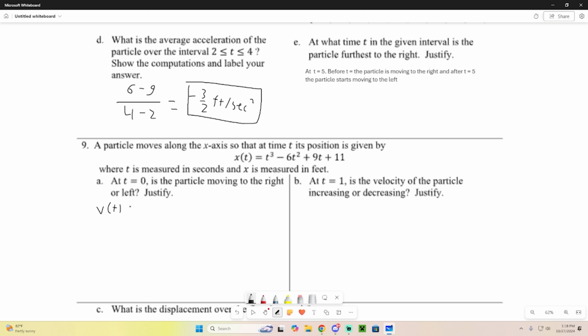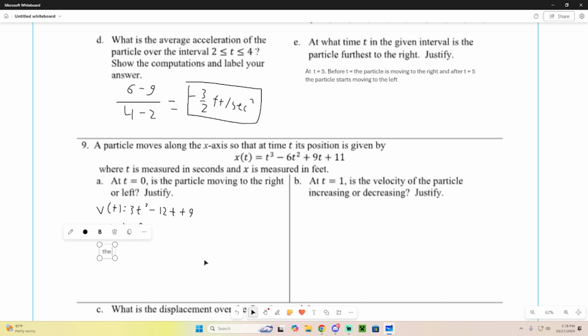So we start by taking the derivative, which is 3t squared minus 12t plus 9, and then we plug in 0, so v of 0 equals 9, and 9 is positive, so we can say the particle is moving to the right because v of 0 is greater than 0.